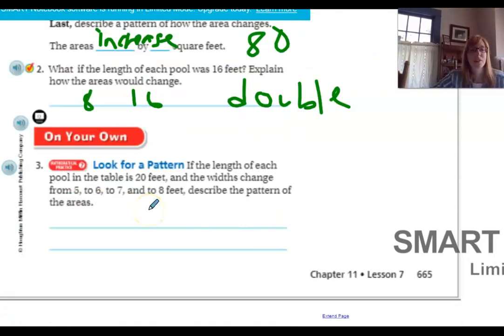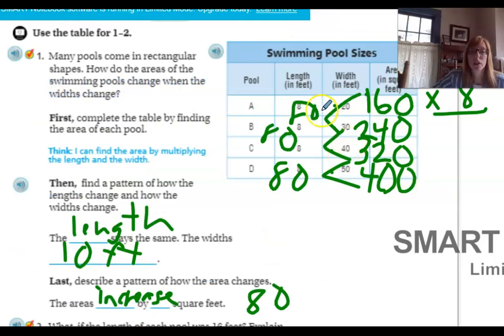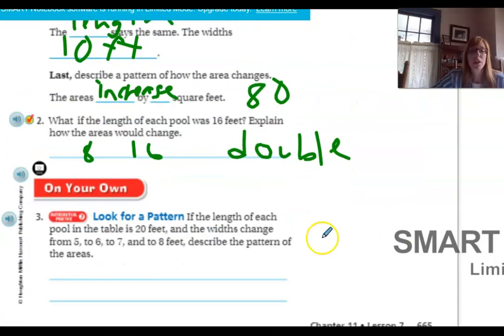All right, it says look for a pattern. If the length of each pool in the table were 20 feet and the widths changed from 5 to 6 to 7 to 8, describe the pattern. So hopefully you would be able to make a table like this. If the length of each pool was 20, it's going to stay at 20. The width changes from 5 to 6, that's increasing by 1, then from 6 to 7.